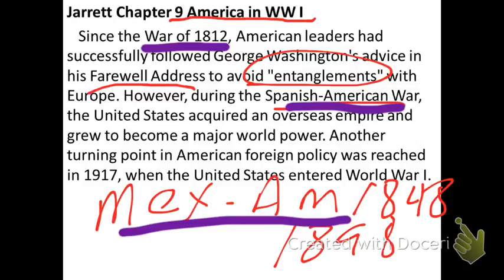But aside from that, America really kind of did what Washington had asked. He warned us to stay out of foreign powers' problems, stay out of those entanglements. And because of the Spanish-American War, America became an overseas empire, became a major world power, and we had to change our policies a little bit.